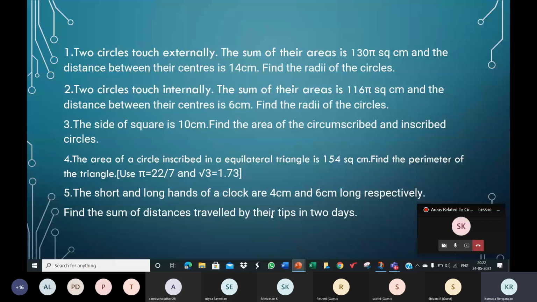Let's take down the fifth question. The short and long hands of a clock are 4 centimeters and 6 centimeters long respectively. So a clock has 3 hands, the hour hand, the minute hand, and the seconds hand.